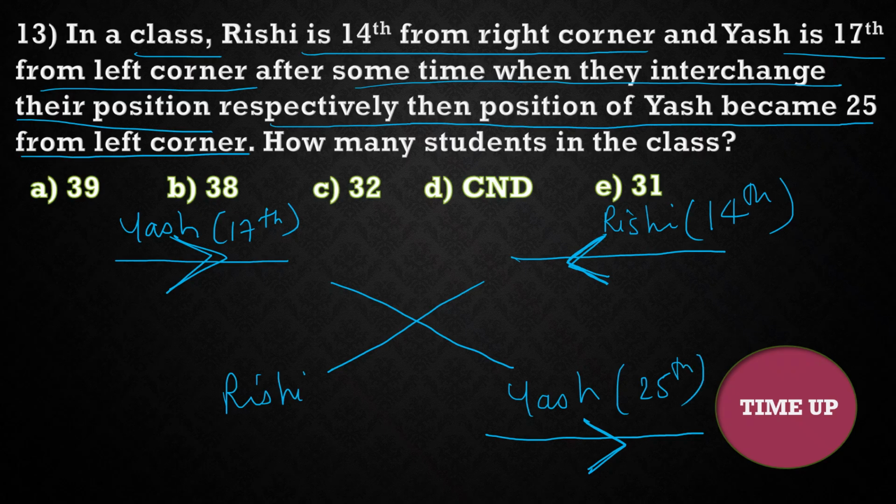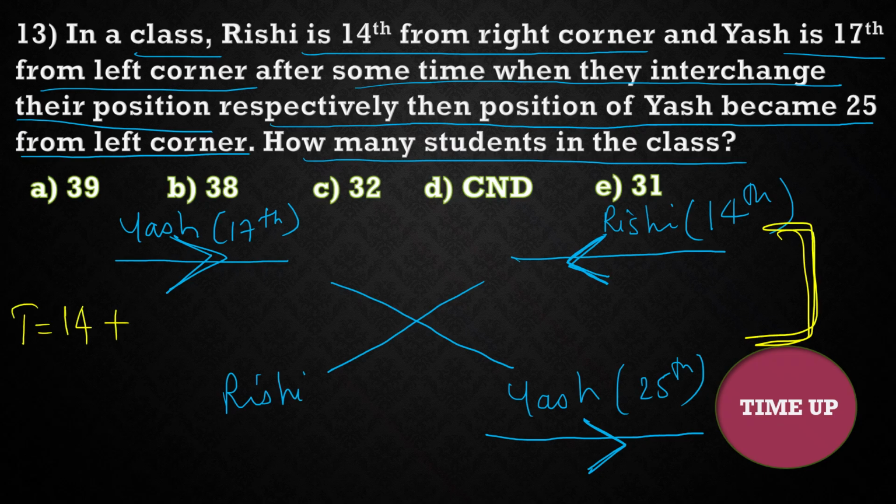They have asked how many students are in the class, so the total is asked. Where the information is given more, find 14th plus 25th minus 1. That will give you 39 minus 1, which is 38. So answer is B, that is 38.